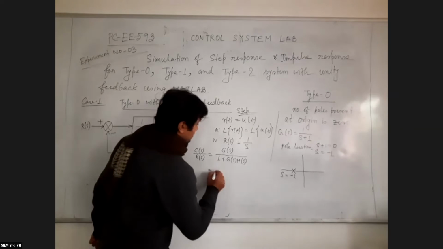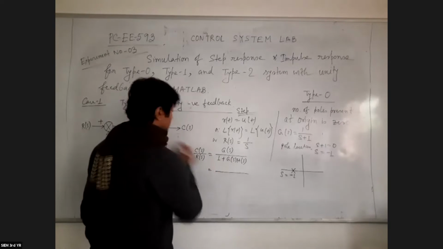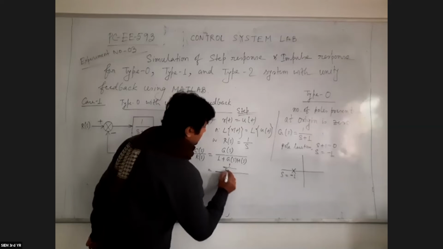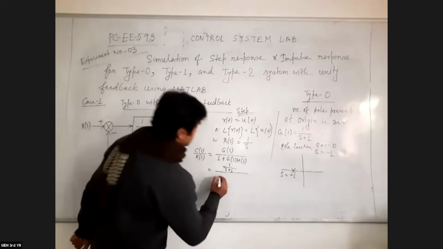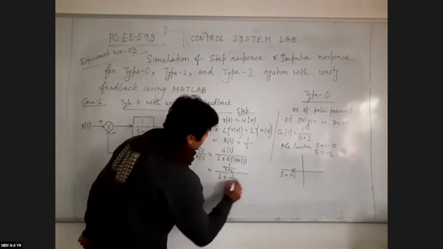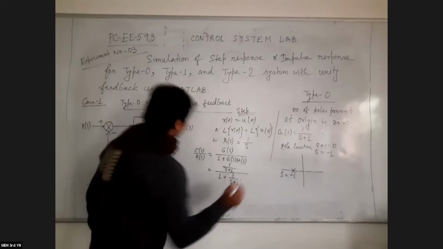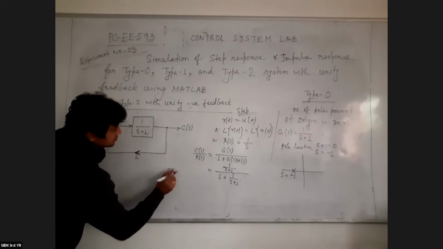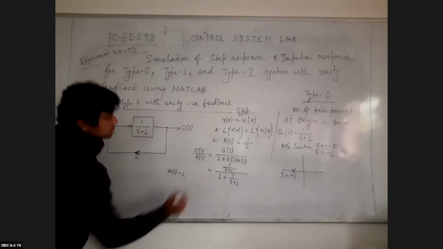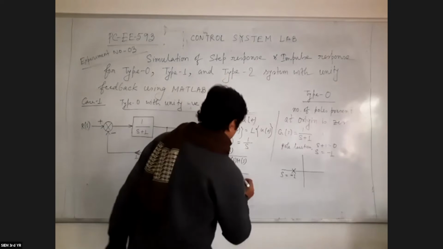So G(s) is 1 by s plus 1, and 1 plus 1 by s plus 1 into H(s), which equals 1.